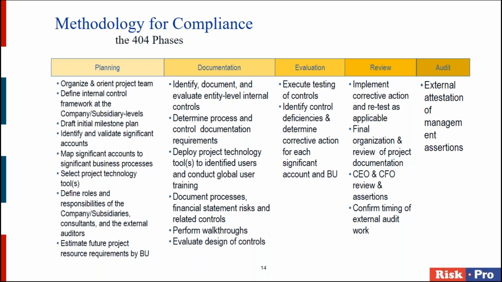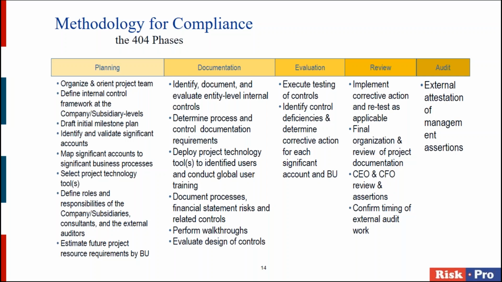Next process is to review. During the course of review, we have to implement corrective actions and then retest, so that whatever risk we identified is addressed. Then final organization and review of project documentation. Then the CEO and CFO review and assertions.